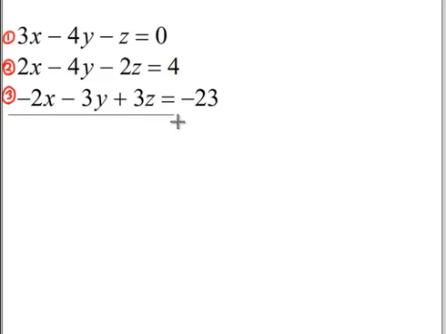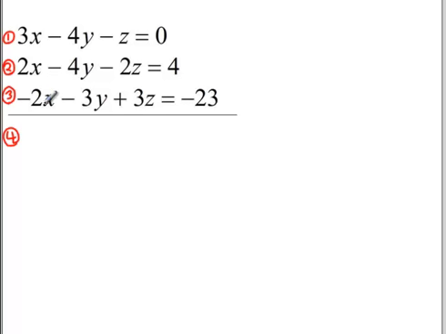Well, I can combine 2 and 3 very easily. So if I go equation 2 plus equation 3, that's going to give me a brand new equation, and we'll call it equation 4. So my equation 4 comes from combining 2 and 3. So let's do this quickly, but make sure we don't make mistakes.